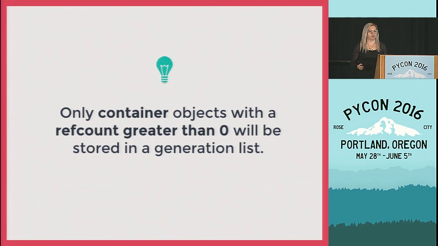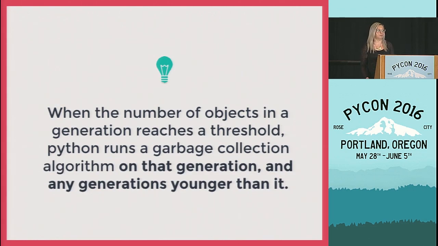That means that fewer objects are tracked and scanned. When the number of objects in a generation reaches a particular threshold, Python will run a generational garbage collection algorithm on that generation and any generations younger than it. So when we run on generation 2, we're actually collecting on generation 0, 1, and 2.